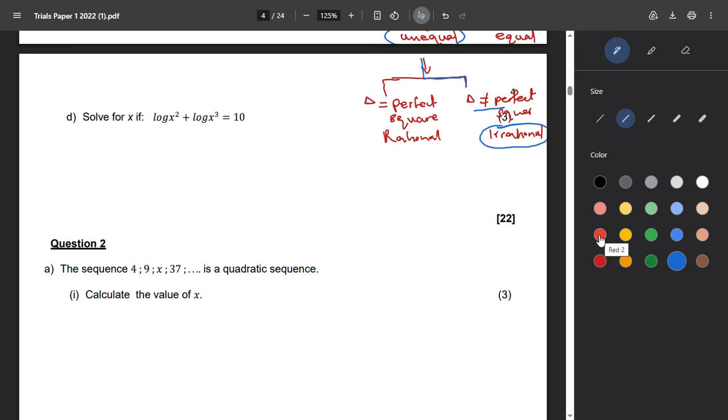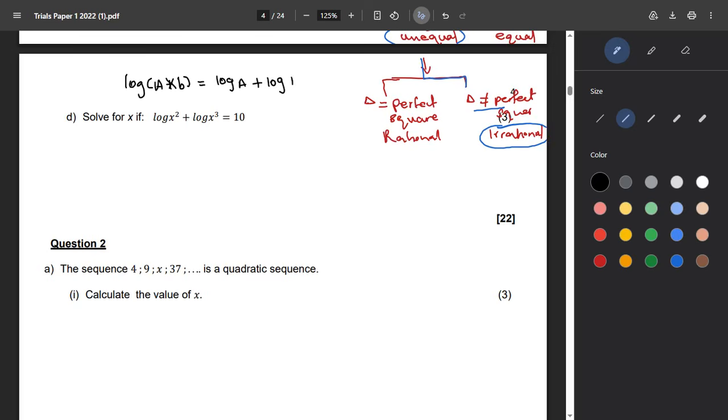Okay, so the log law goes like this. The log of a times b is equal to the log a plus the log b.